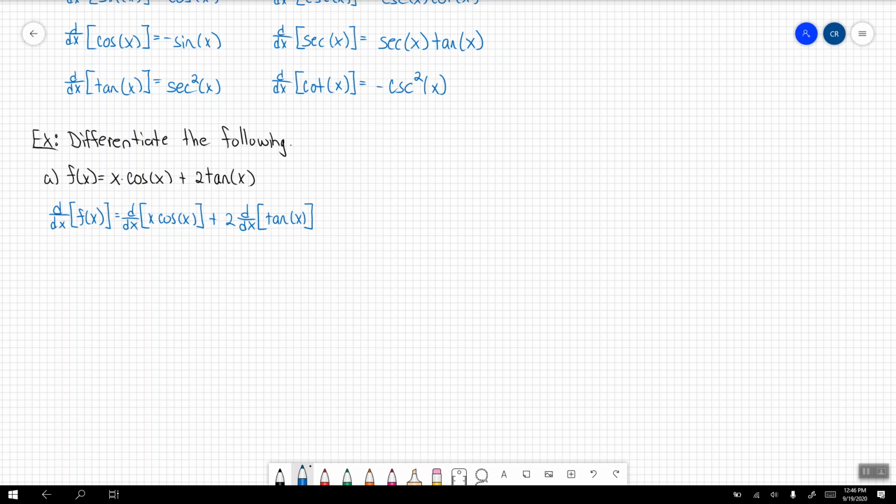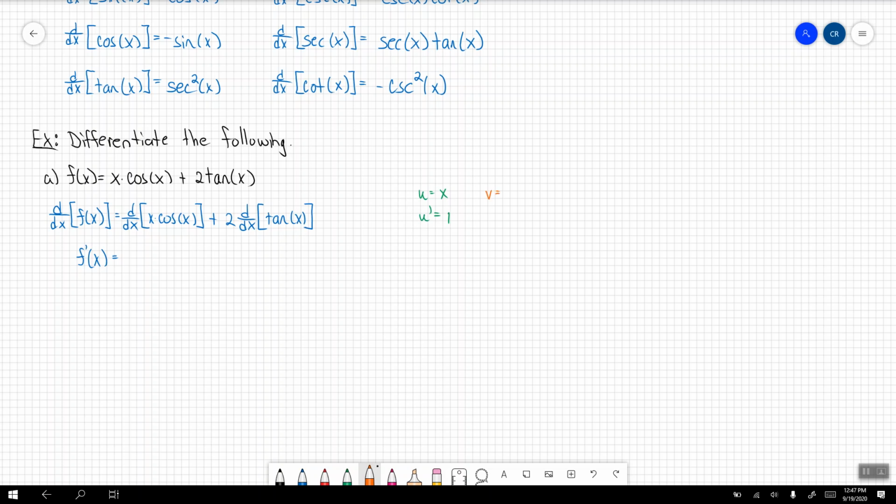Now for the first term, we're going to need a product rule because we're taking a derivative of a function that is multiplying another function. So product rule there. This now turns into y prime is equal to, well, if I'm going to need a product rule, I'm going to say my u is going to be x, and therefore u prime is just going to be 1.